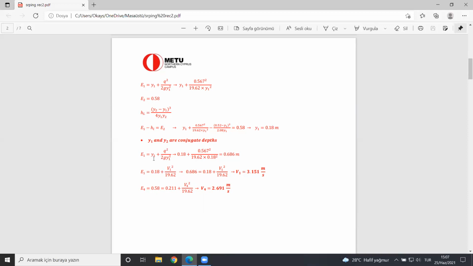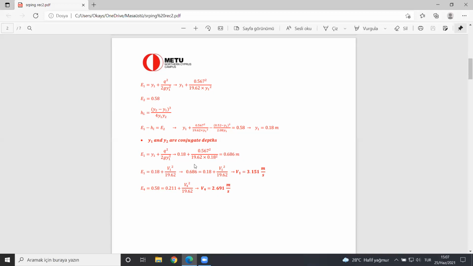So it will be 0.18 plus 0.567 square divided by 2g times 0.18 square, and it corresponds to 0.686 meters.